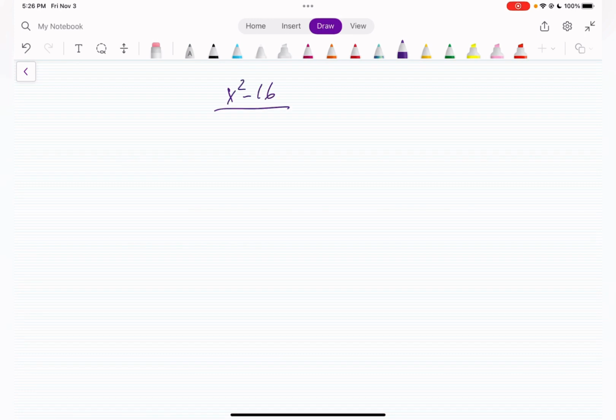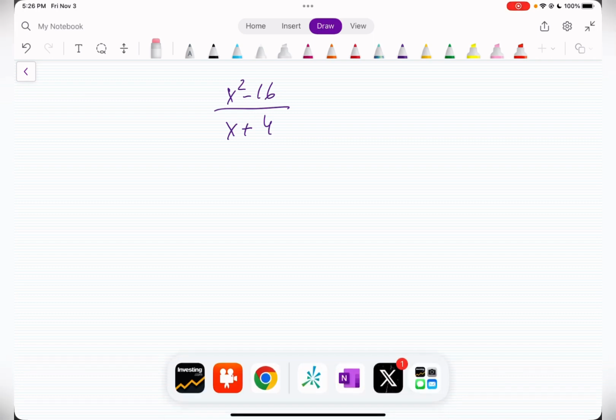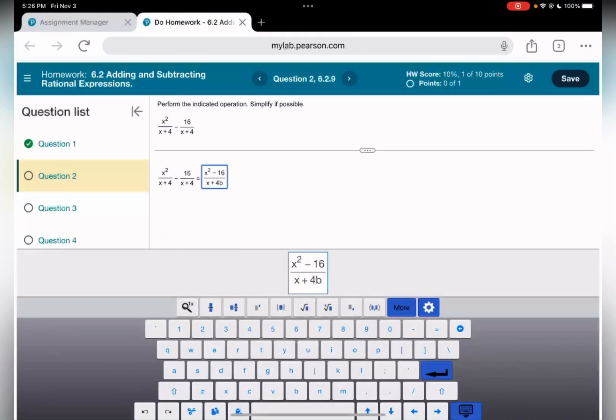Here I have x plus 4. x plus 4, I think, yes? Because otherwise it makes no sense to simplify. x plus 4. Yes. Why did I put b here? I have no idea.